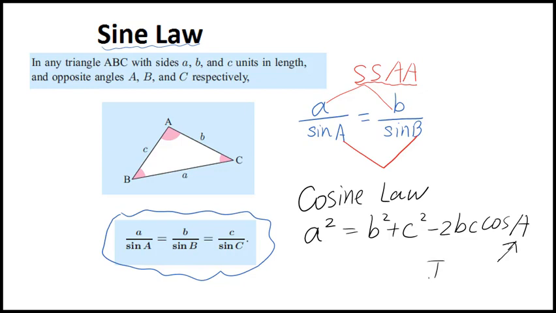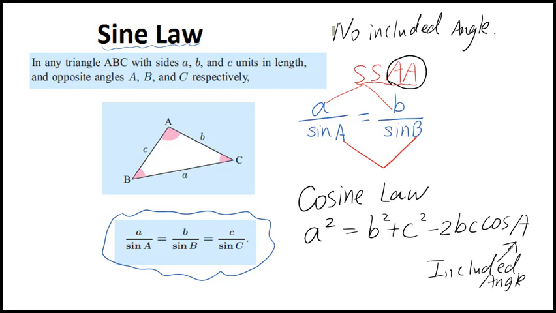When you have an included angle, or you are looking for an included angle, then you use Cosine Law. But for Sine Law, make sure angle A or angle B are not included angles. So in what situation do you use Sine Law? You can check whether you have an included angle. If no included angle, then you use Sine Law.